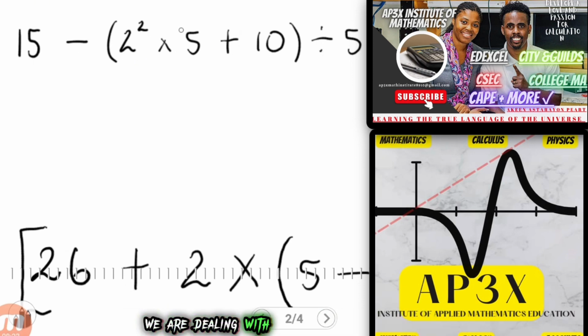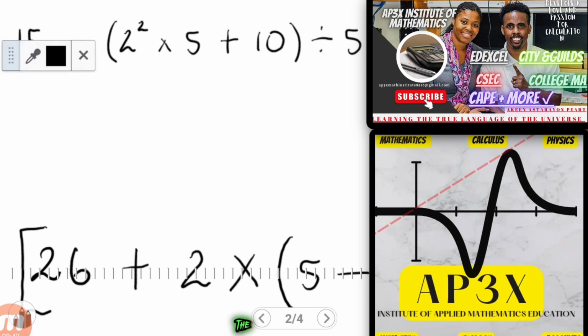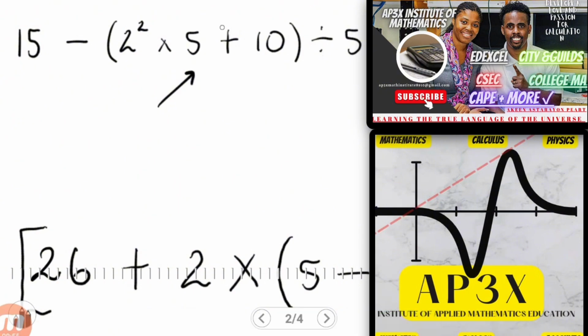We are dealing with a bunch of operations that is within a parenthesis. We also have subtraction, and we also have division. So we are obviously going to go right ahead and work out what is inside the parenthesis first. Here, what is inside the parenthesis is multiplication, addition, and exponent.